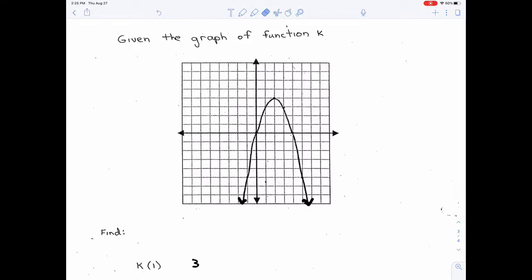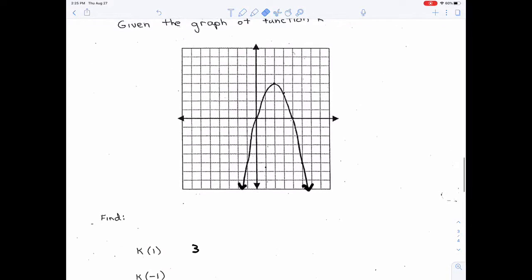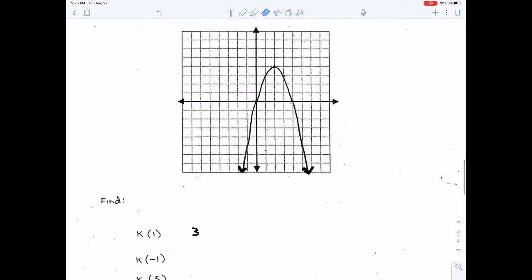So let's look at the next one, the k of negative 1. Somewhere on the graph is a point that has an x coordinate of negative 1. Where is it? By the way, try and figure it out for yourself first. But it's right there. And the k of negative 1 is negative 5.